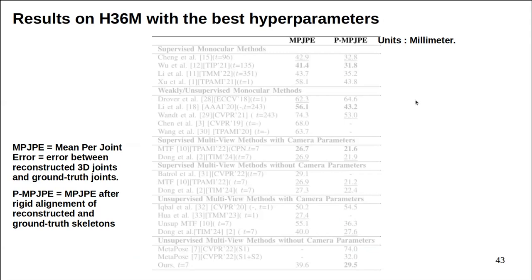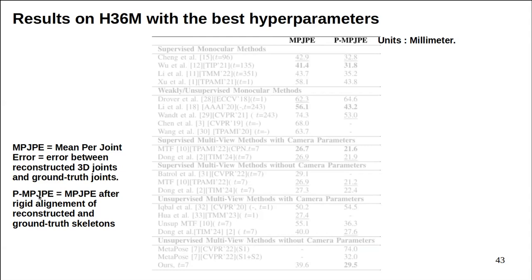To compare our architecture to other solutions, we will use two metrics. The first metric is called MPJPE. It's the mean per joint position error, and it's the raw error, the basic error between the predicted 3D joints and the ground truth 3D joints that we have access to in the H36M dataset.